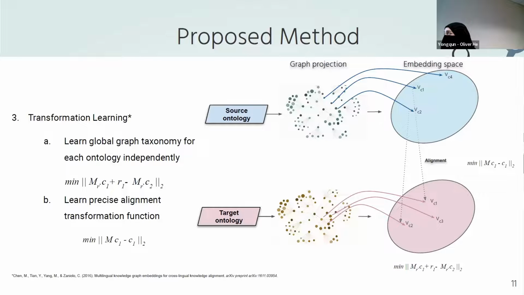Well, yes. Maybe I passed by this fast, but we don't first map it to the embedding space and then learn the alignment. We do this simultaneously.